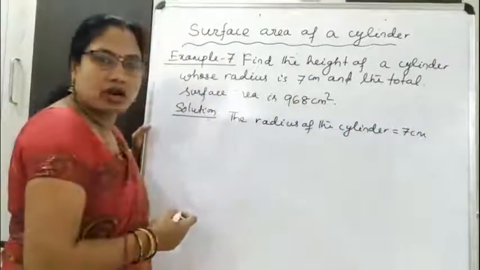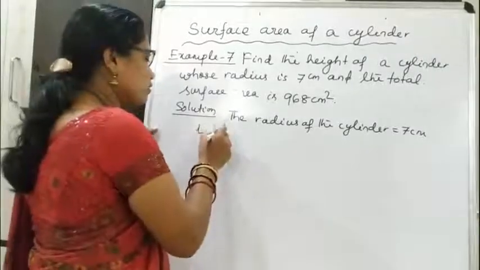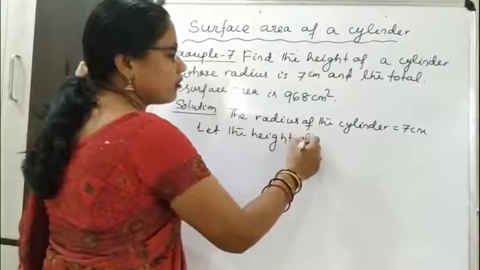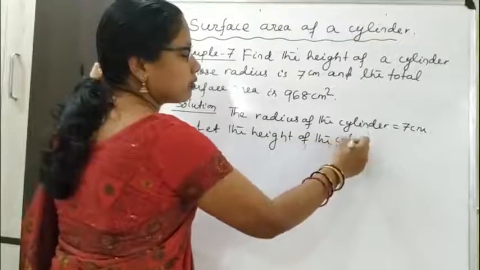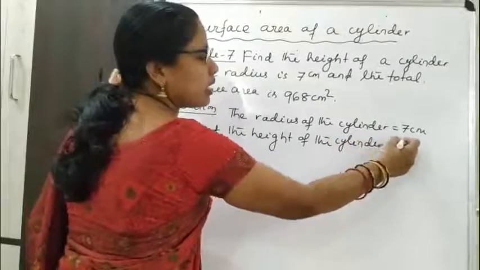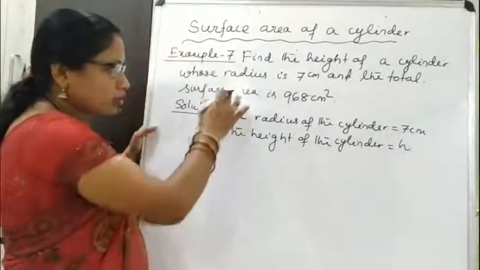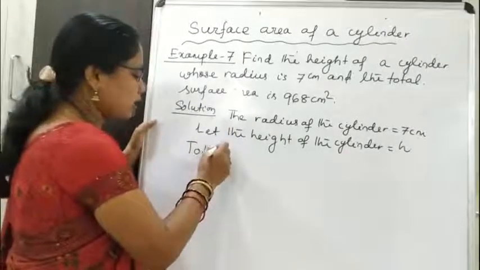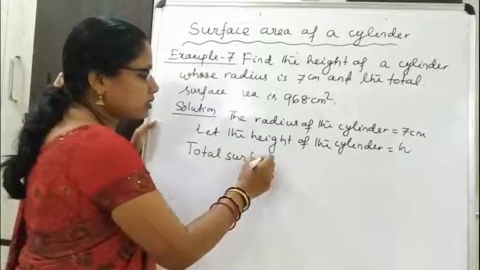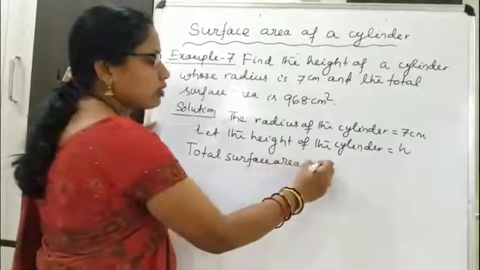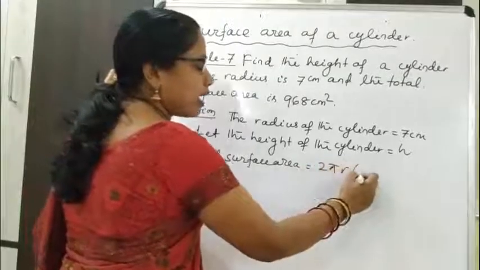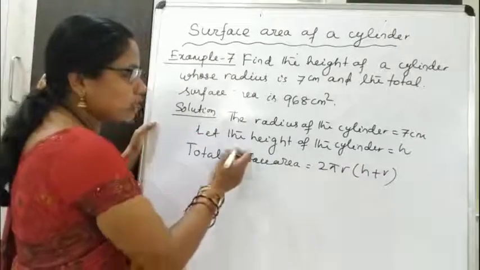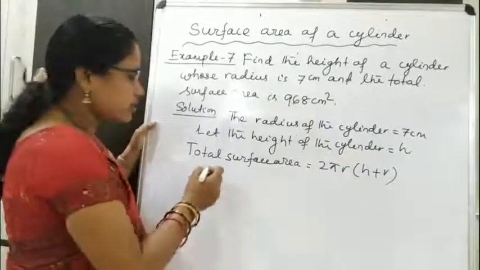The height is not given, so let the height of the cylinder be h. So the total surface area is given. The formula for total surface area is equal to 2 pi r whole into h plus r. So total surface area is given, 968.